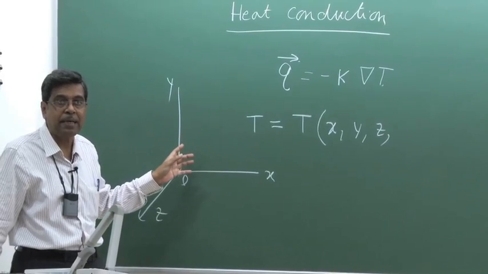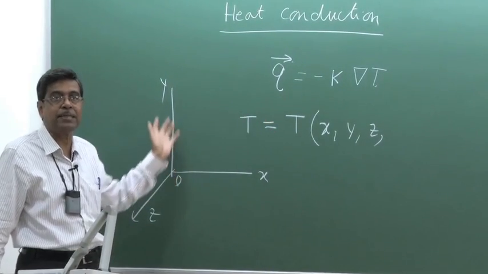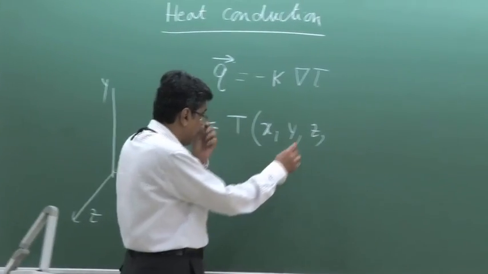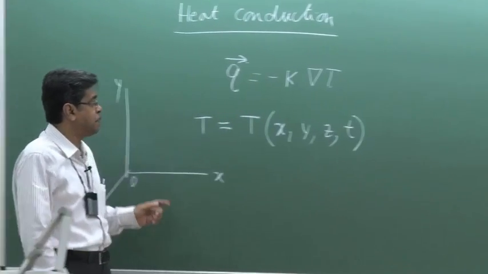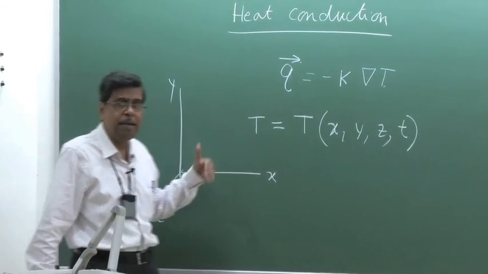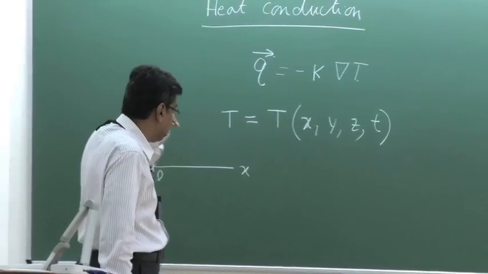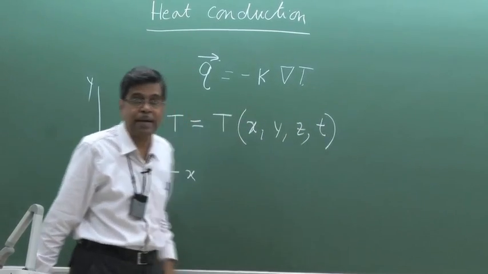That means temperature is varying with the space coordinates, so there is a temperature distribution, and this distribution is also varying with time. That means it is a function of time. So in general, one can express temperature in a medium of heat conduction, here we are discussing heat conduction, as a function of x, y, z space coordinates and time.